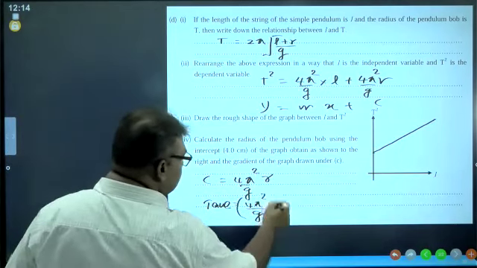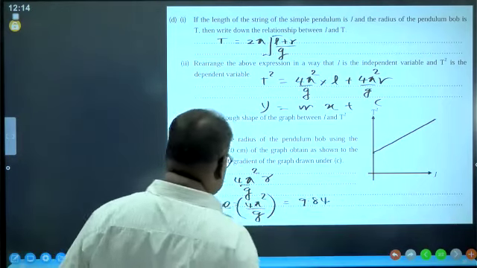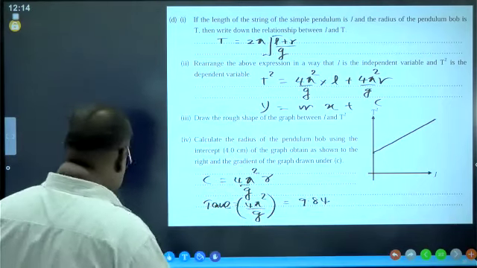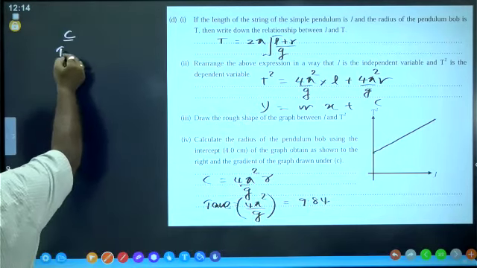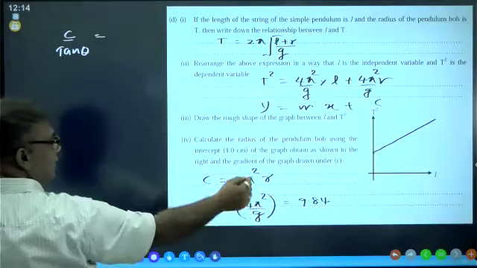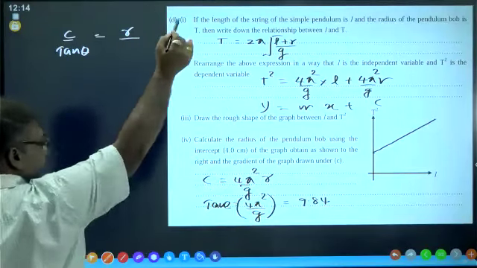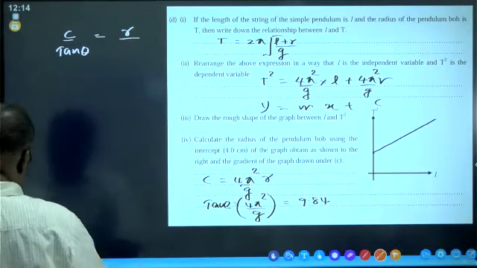We found this value earlier, 9.84. Then we divide c by the gradient, tan theta, and only r remains.